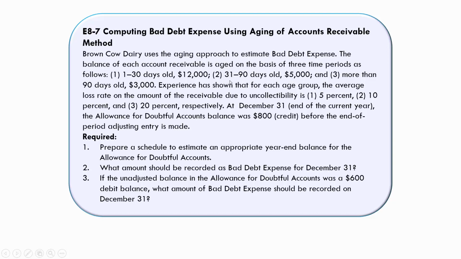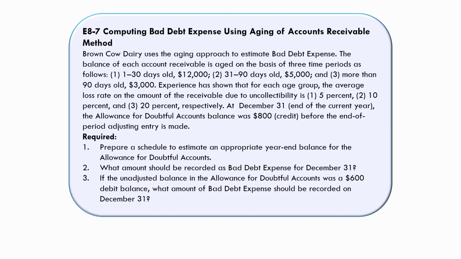Now, sometimes the buckets are broken up differently. It's more common to say, instead of 31 to 90, 31 to 60, and then 61 to 90, and have another bucket. This particular problem, they divided it into 3 major buckets. You could have 4, you could have 5.